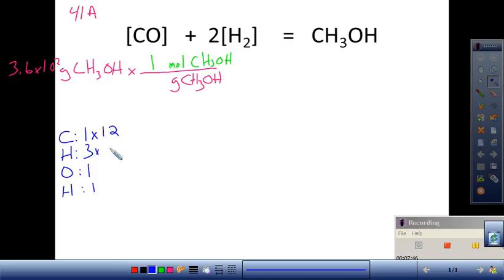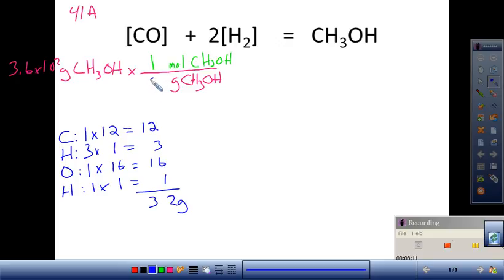I look up hydrogen. I do the same thing with oxygen and with hydrogen again. And I'm going to add all of these together, multiply across, and then add them together. So my molar mass for methanol is 32 grams per mole.